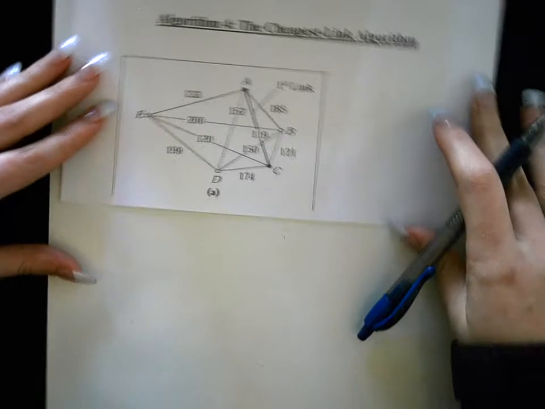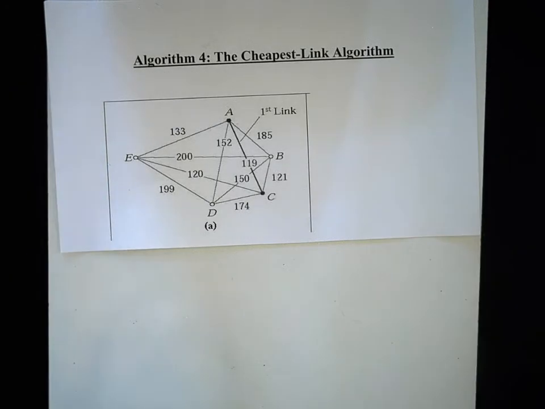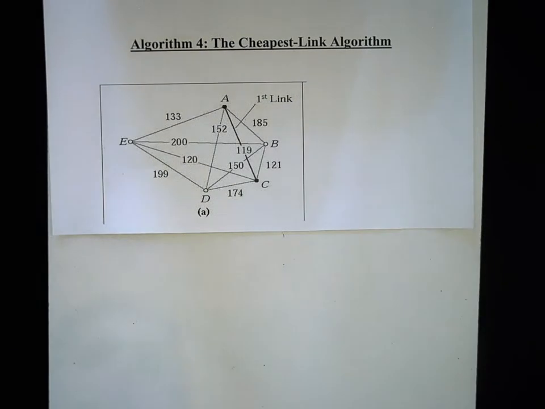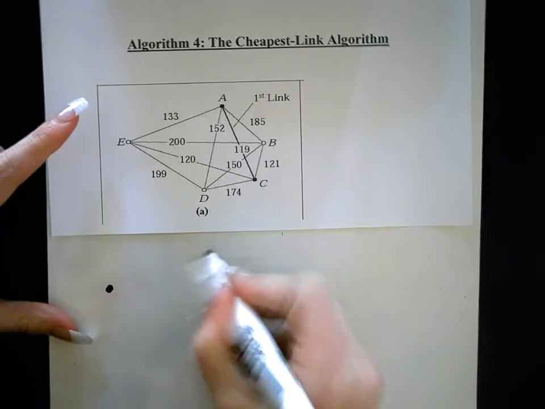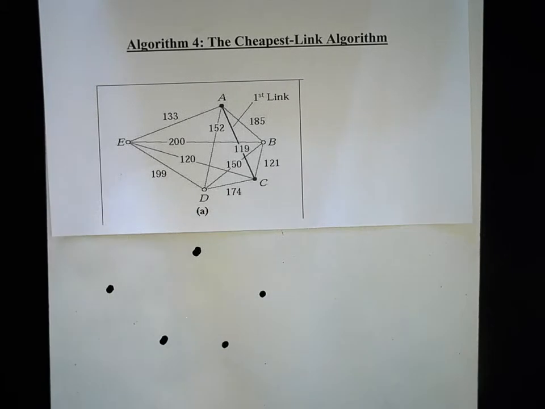We're going to do one more example just to practice this. The cheapest link algorithm. So what we have here is a K5. This has 4 vertices. I mean K5. K5 has 5 vertices.